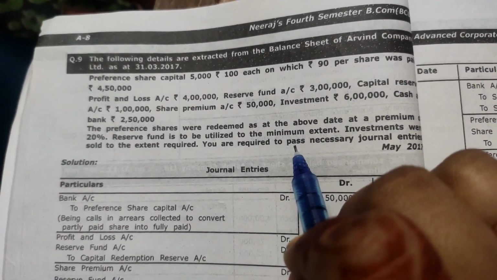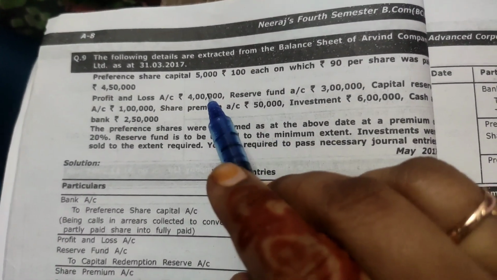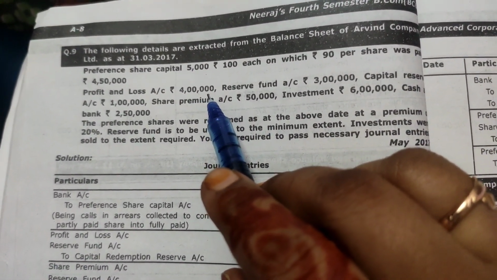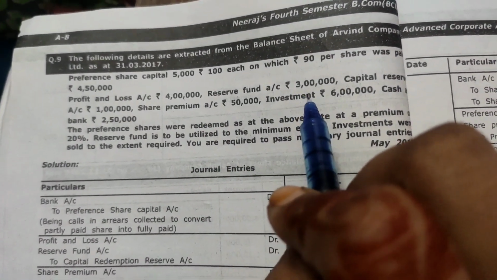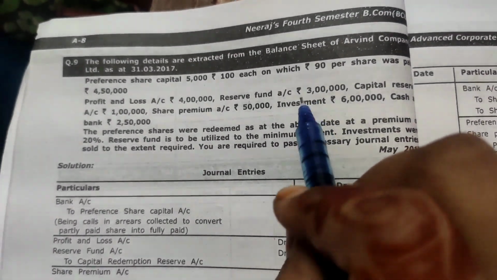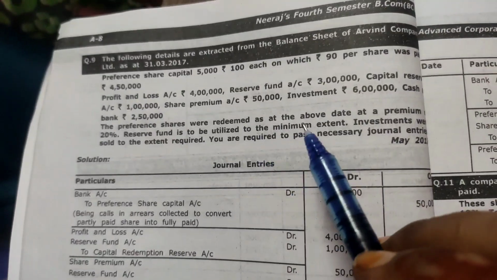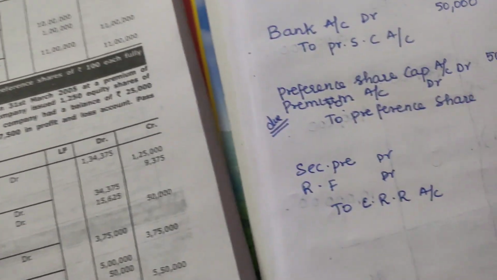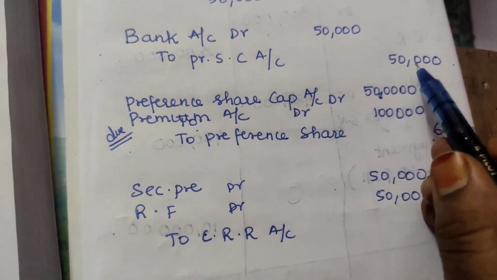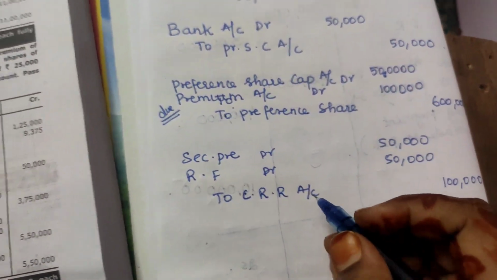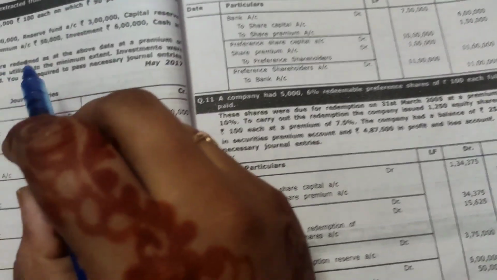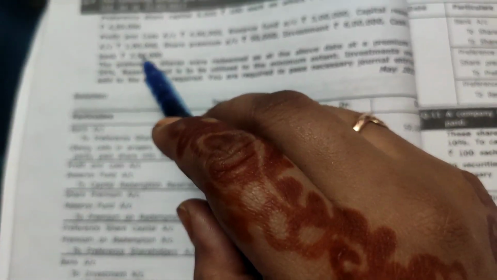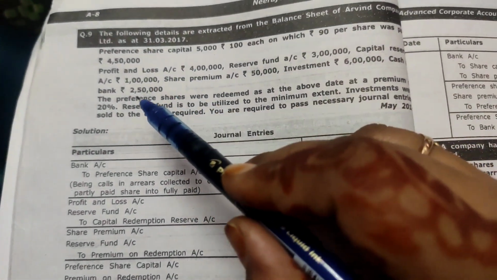So what are we going to do? Profit and loss account is here 4 lakh. Reserve fund we have used to the minimum. So we can sell the investment if we want, 6 lakh. So 50,000 we have arranged. In bank account we have 2,50,000.